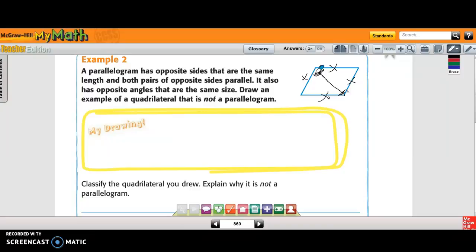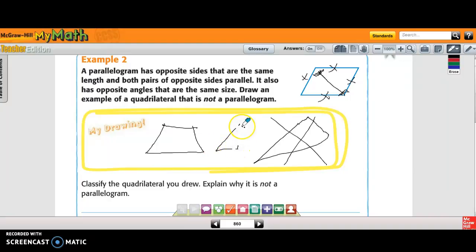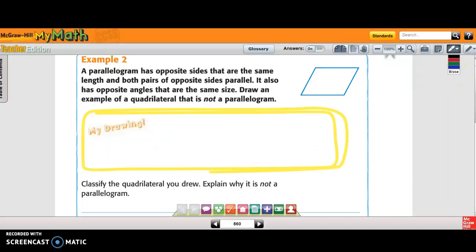What's one example that we know for sure? Trapezoid. That's one. That's not a quadrilateral because that's a triangle that has 3 sides. But look what the direction says: one that is not a parallelogram.